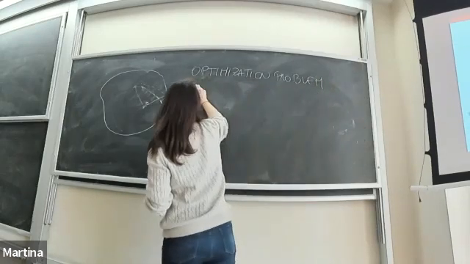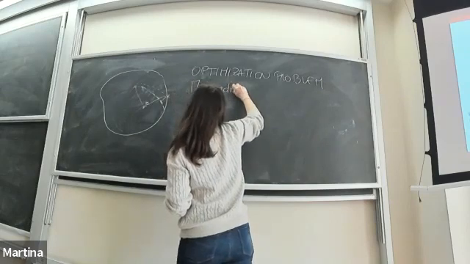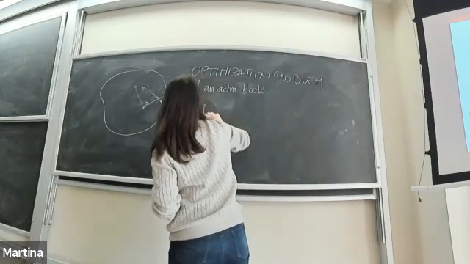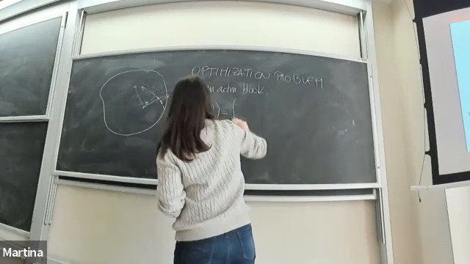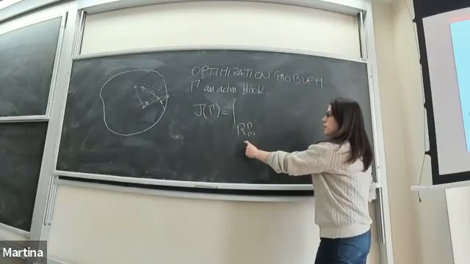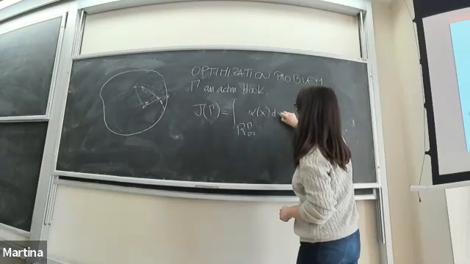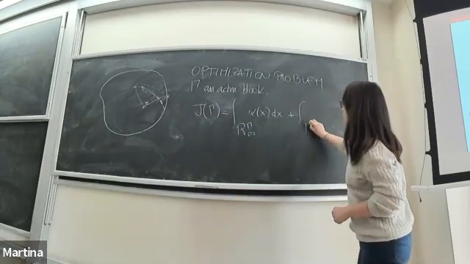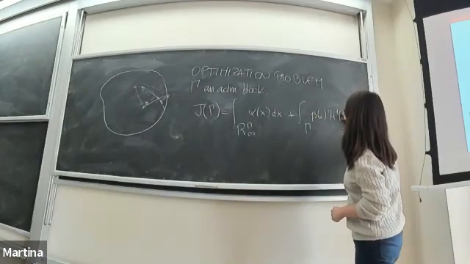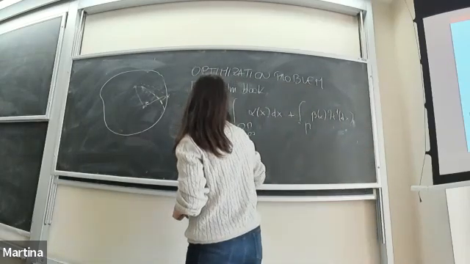Defining the cost function, given gamma an admissible blocking strategy, if it exists, one defines the functional J of gamma equal to the integral over R gamma infinity, so the area burned by the fire, of alpha of x dx, plus the integral over gamma of beta of x, H1 dx. So alpha and beta are positive weights, they are continuous.